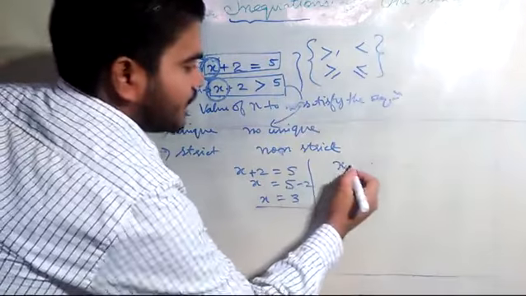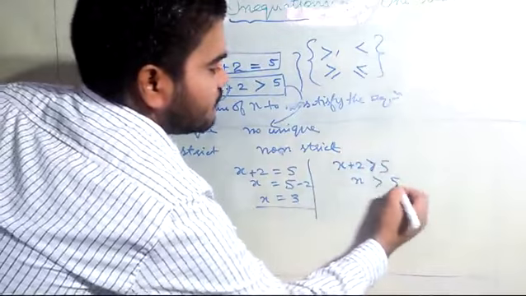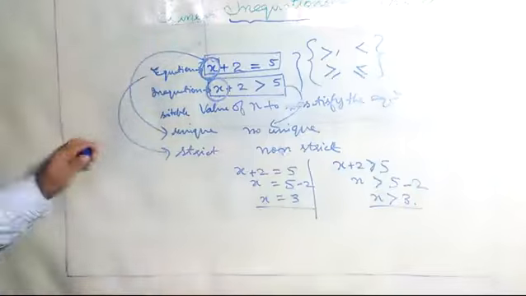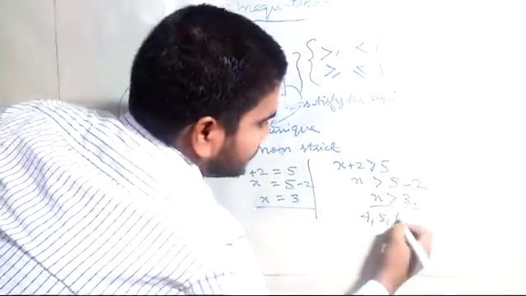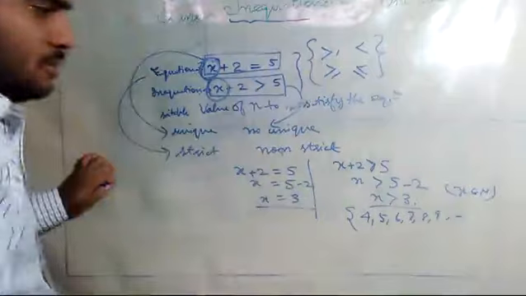But if I write x plus 2 greater than 5, then I will get x greater than 5 minus 2, x greater than 3. Now, x greater than 3, what are the possible values? Here you may get 4, 5, 6, 7, 8, 9 up to infinity if x belongs to integers.